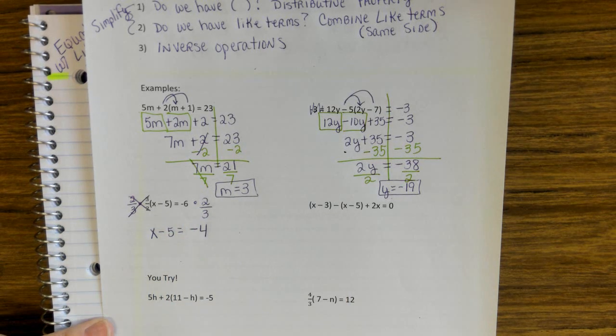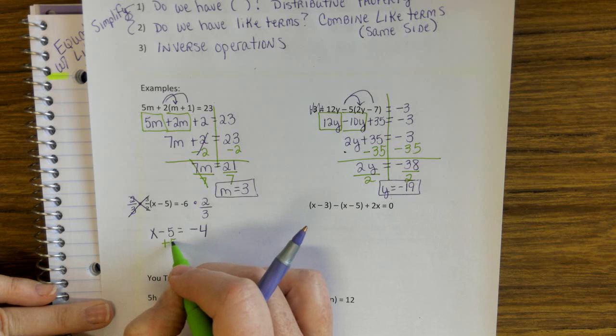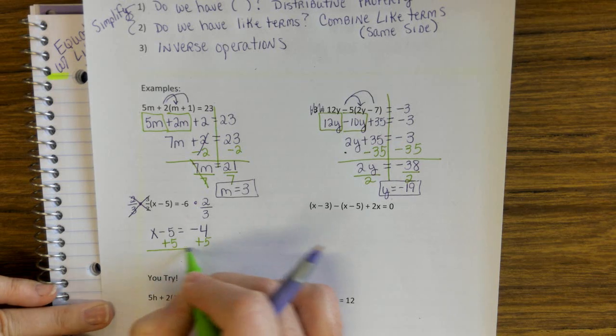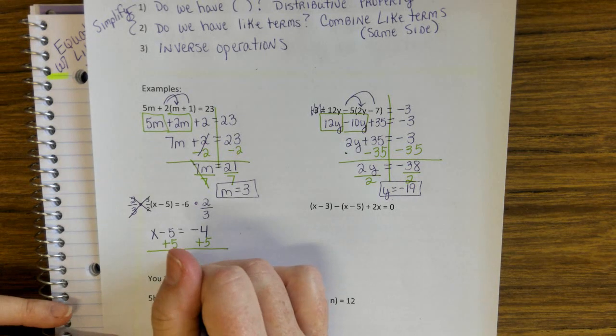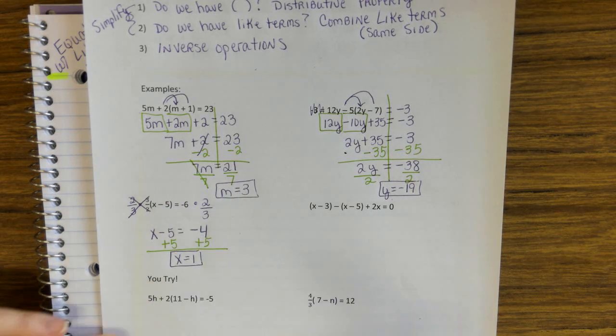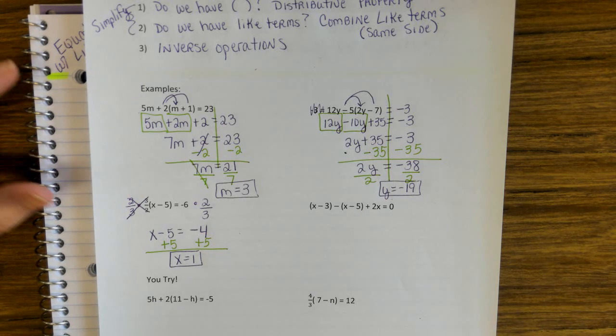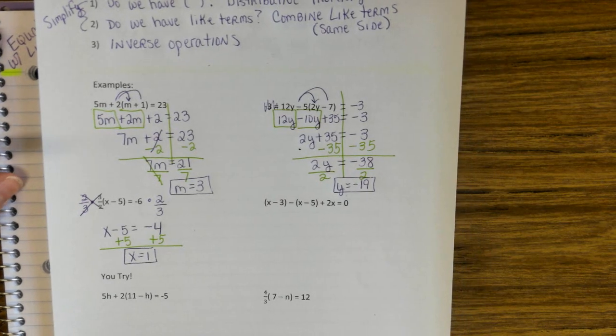And so now look how easy that is. All we have to do now is add 5, and we get x equals 1. Now you could still distribute the 3 over 2 if you wanted, but that's maybe just a quicker and faster way to get rid of those unwanted fractions.